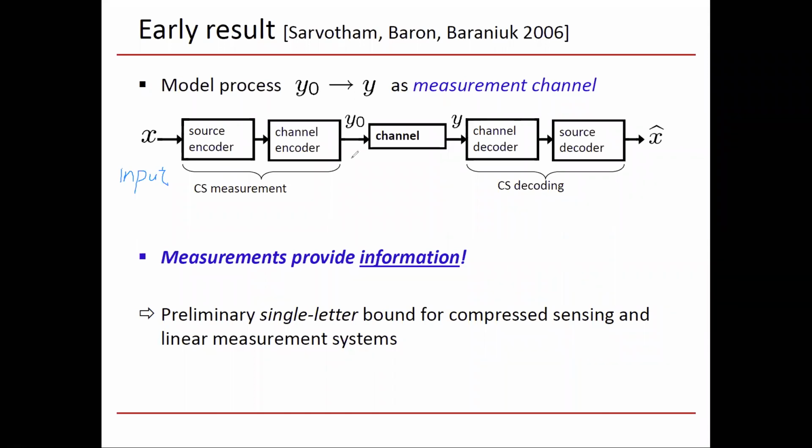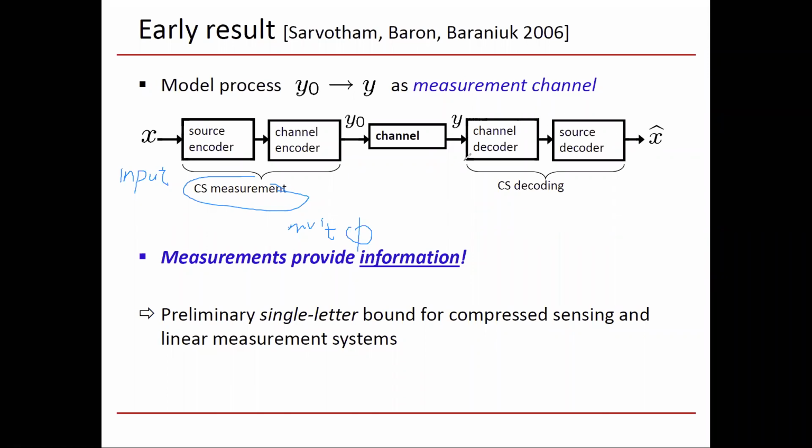We're creating a waveform, and data compression plus channel encoding is replaced by compressed sensing measurements, which really means that we're multiplying by phi. A linear encoder. Linear meaning we're multiplying by a matrix, that's it. Then we have the channel. Y0, the noiseless measurements, have noise added to give us the noisy measurements Y.